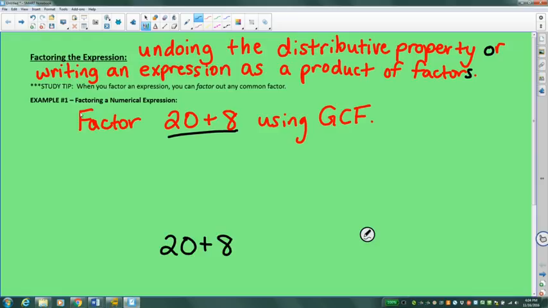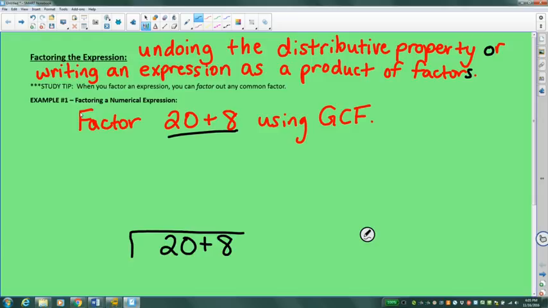Some cakes will have multiple layers, some will only have one. And then I'm going to make my first layer of cake, which again looks like a big division sign. That is what we are doing. We're dividing. So we're looking at 20 plus 8, and we're saying, okay, what factor is in both 20 and 8? And a lot of us are going to say, oh, they're both even, so I know 2 goes into both 20 and 8. And that's totally fine.